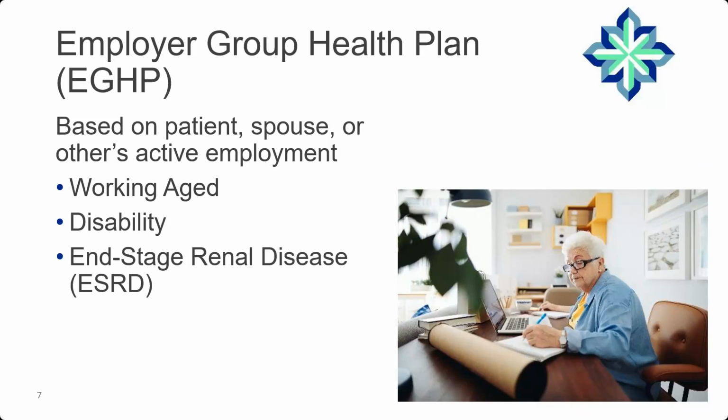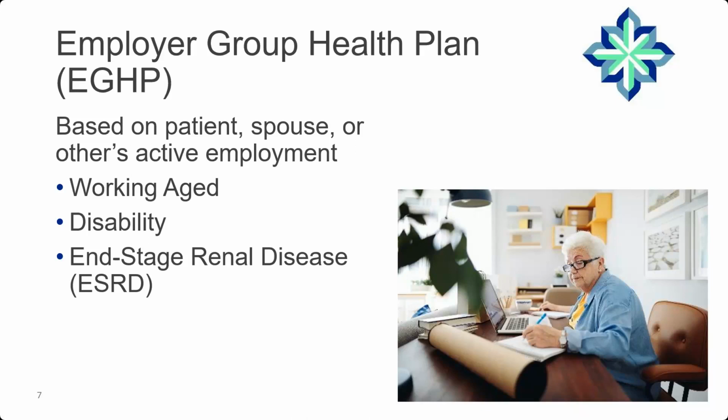The last one we have on the group health plan list is end-stage renal disease. This is also called ESRD. An end-stage renal disease is when a person has permanent kidney failure that requires regular dialysis or a kidney transplant. Now, individuals can be eligible for Medicare entitlement regardless of age.